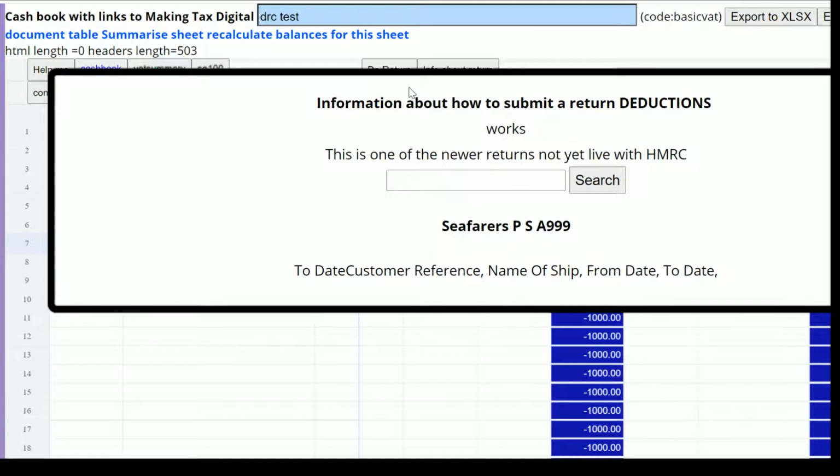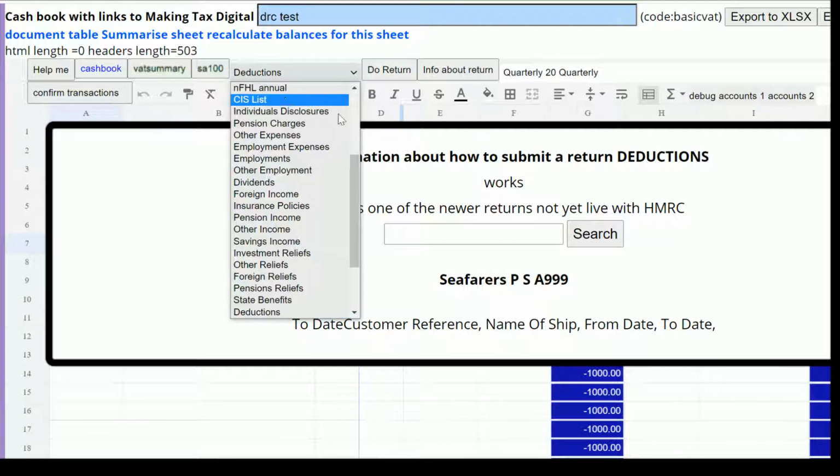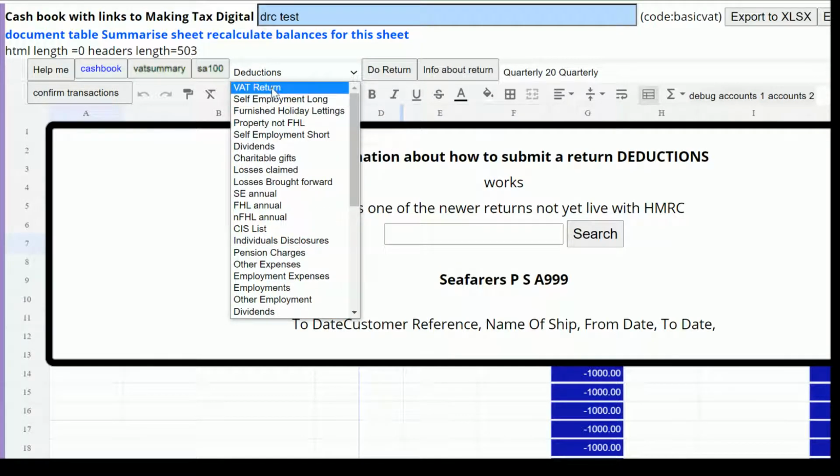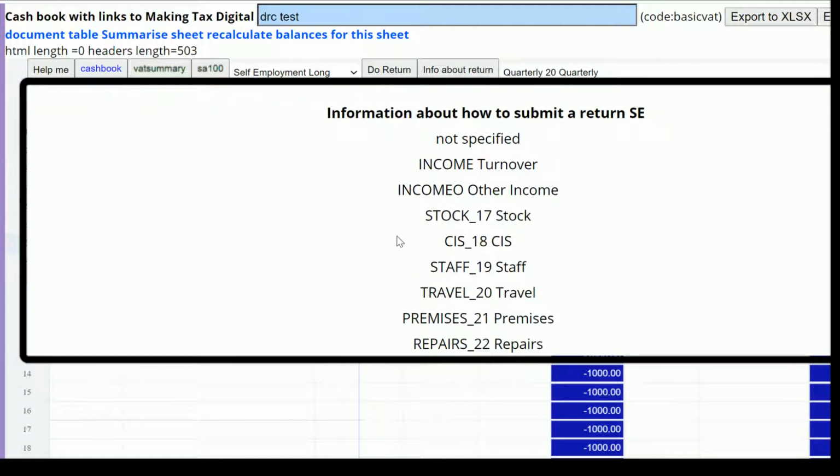But if you're not a seafarer and you don't go to sea on a ship, you don't have to fill in the return. So it's quite straightforward.